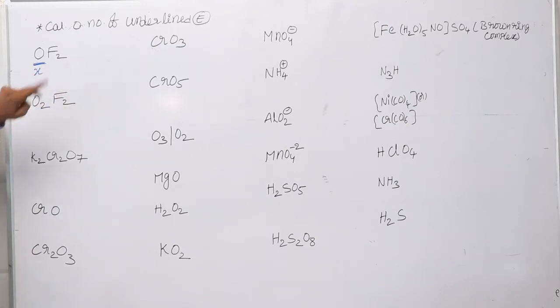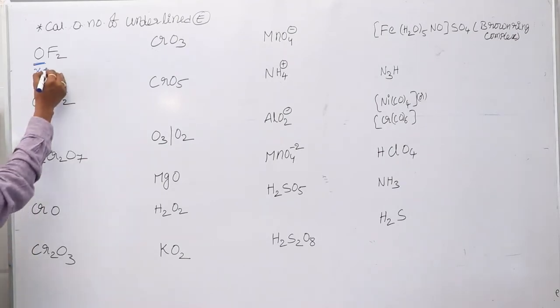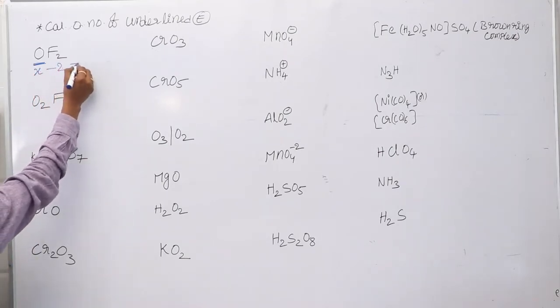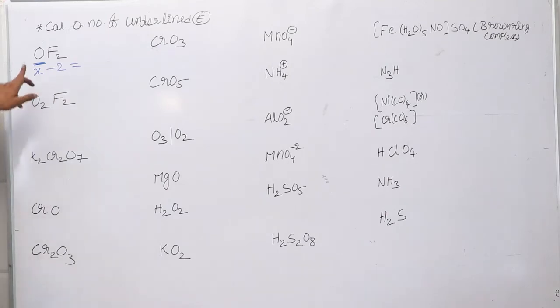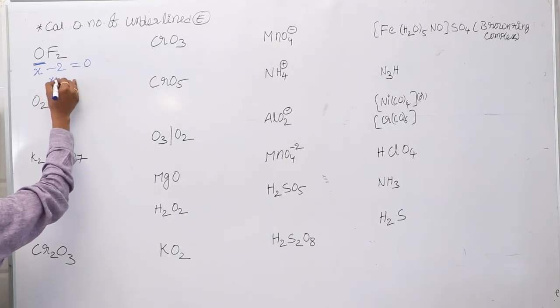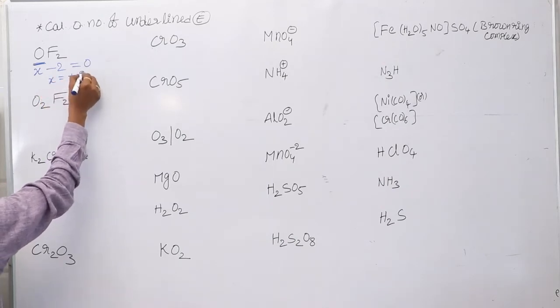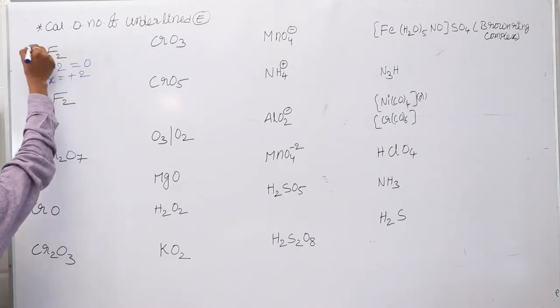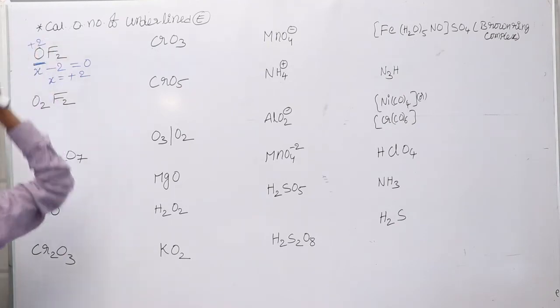So two fluorine atoms are there: 2 into -1 is -2. X minus 2 is equal to the sum of the oxidation numbers of all elements in a molecule or species, which equals the magnitude of the charge. Here the charge is 0. X minus 2 is equal to 0, so X is equal to +2. So here the oxygen is having +2 charge.